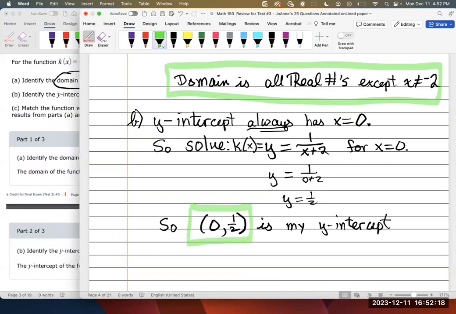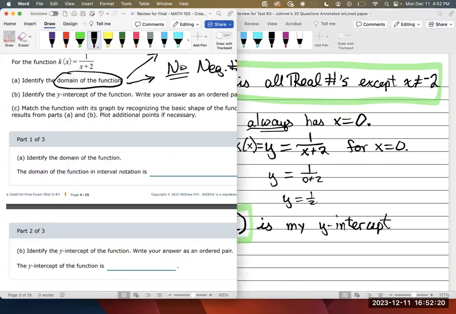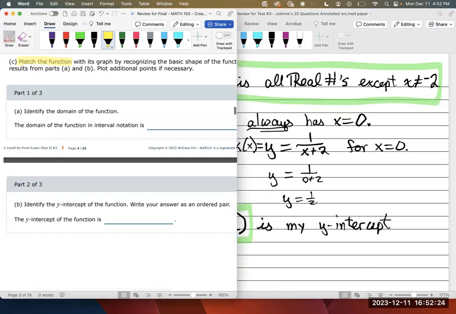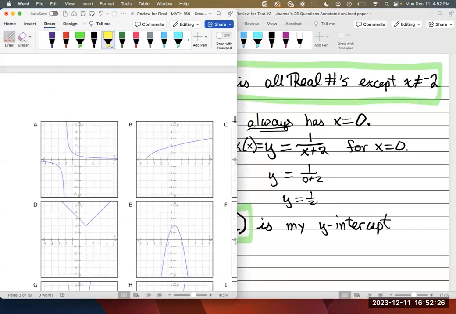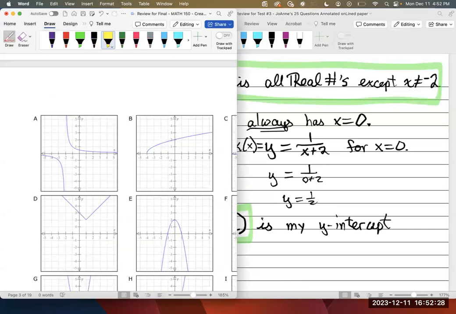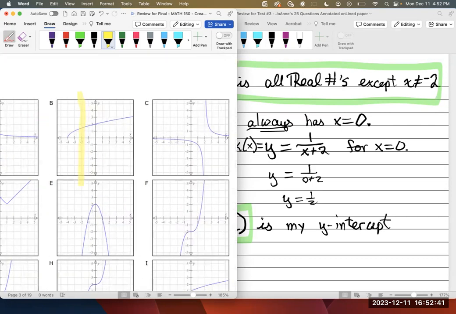So now I'm to match the graph. They're not asking me to graph, they're asking me to match the graph. So given these options, I know that on the graph, when x equals -2, it is not supposed to have any point. X equal -2 is not allowed in this function.